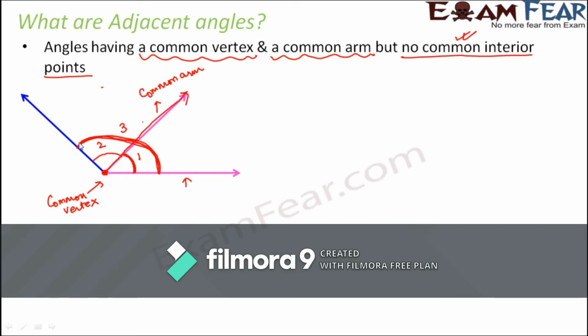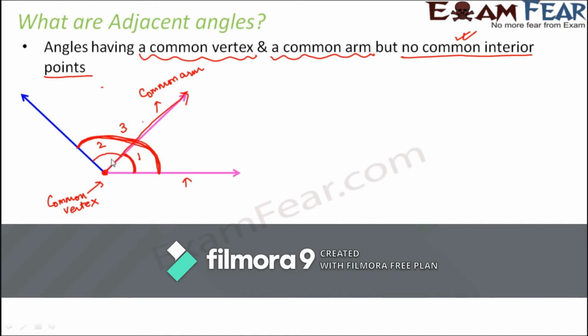But when you look at the third criterion, for angle 3, this entire region would be the interior points, and for angle 1 this region would be interior points. So basically the region interior to angle 1 is also interior to angle 3, so they will have common interior points, and that is where we say that angle 1 and angle 3 are not adjacent angles, correct?